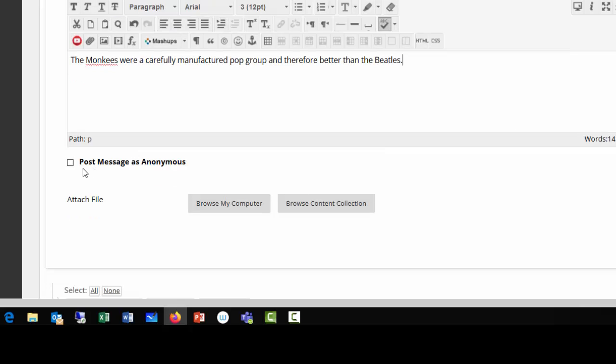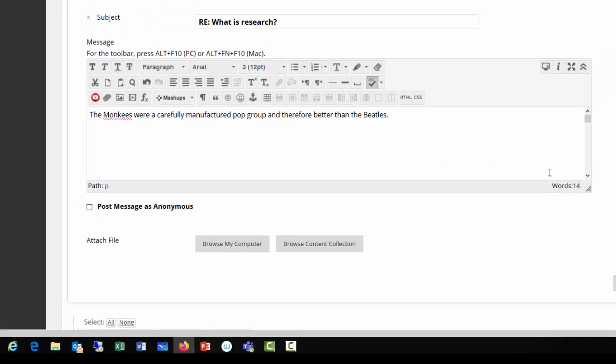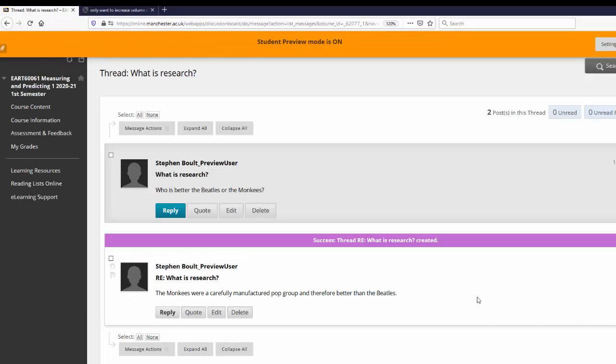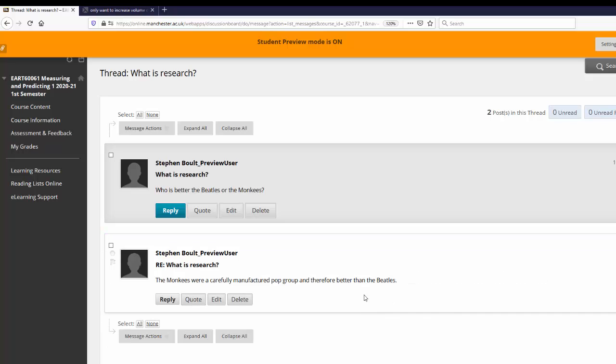I could make my answer anonymous, but I'm not going to because I'm quite proud of my answer. The Monkees were able to follow the generic process of becoming a pop group, and therefore they're better than the Beatles. I submit my answer, and then the answer appears in the thread.